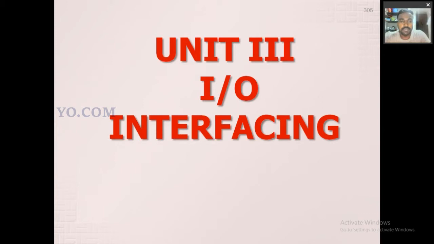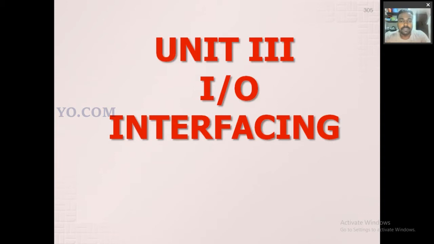Interfacing means just joining I/O with the microprocessor 8086. So how to join the microprocessor and input output devices? In this unit we are going to study different peripheral devices that are going to be connected with the 8086 microprocessor.